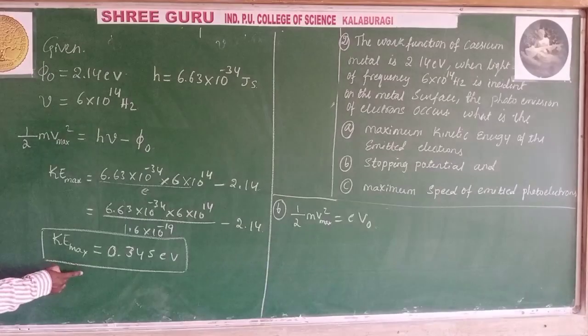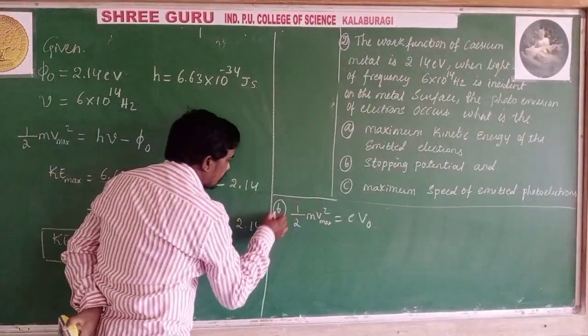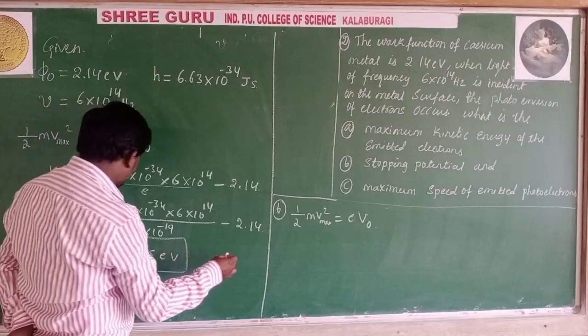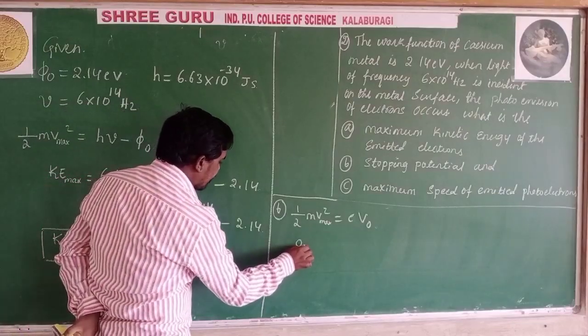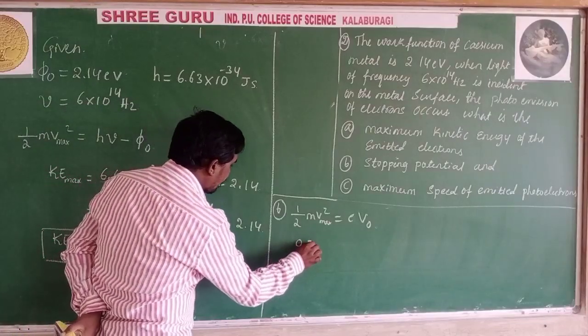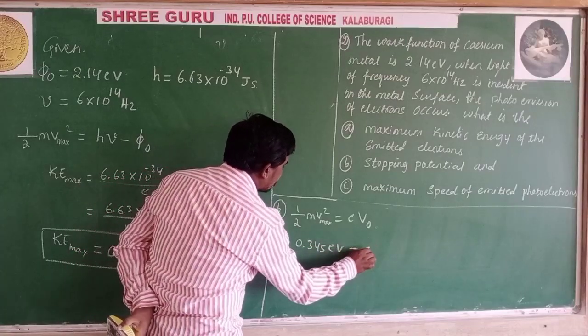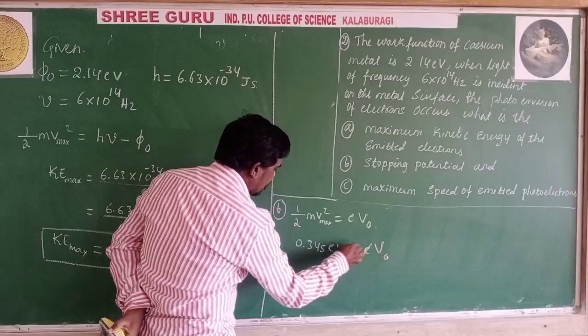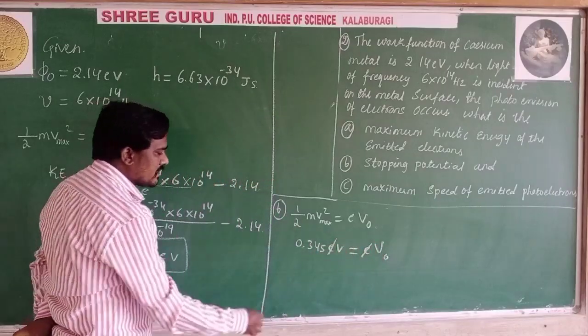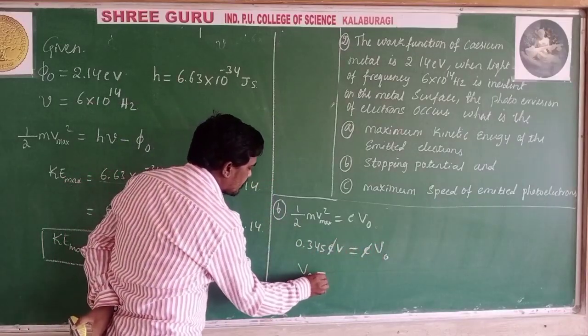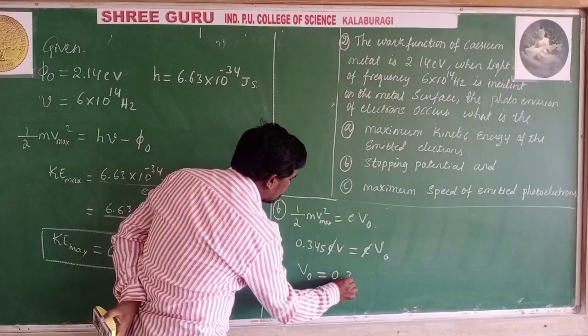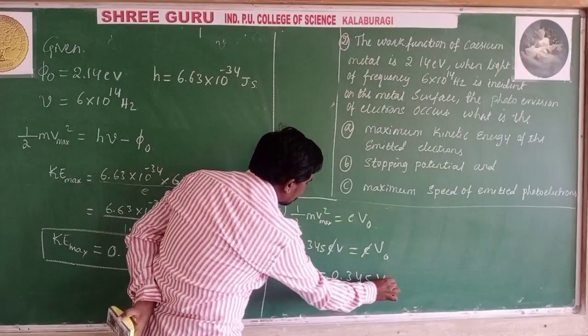What is the maximum kinetic energy? Already we got it in the first bit, 0.345 electron volt, and this is e V naught. This e gets cancelled. Ultimately our stopping potential is 0.345 volt.